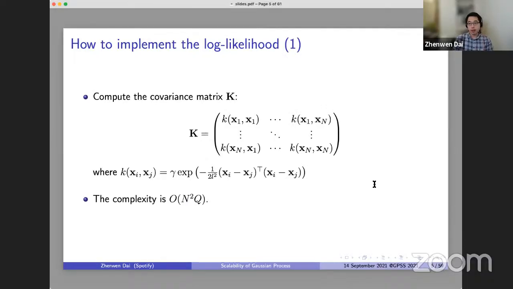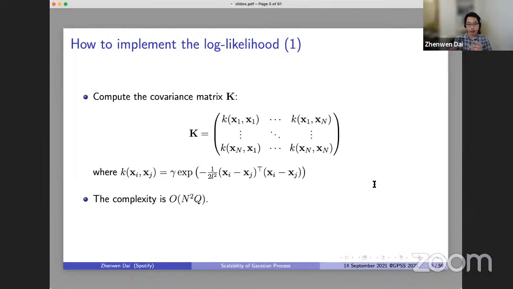Okay, how does each of these steps happen? Let's go one step deeper into how the calculation is done. Just to quickly recap how the covariance matrix K is actually calculated: we already said that the covariance matrix K is an N by N covariance matrix.